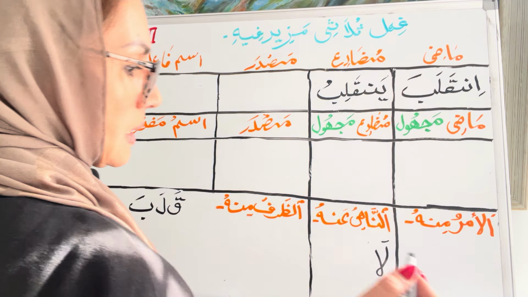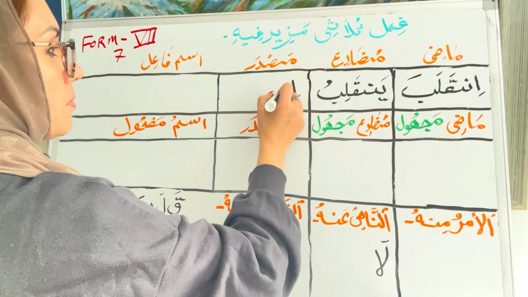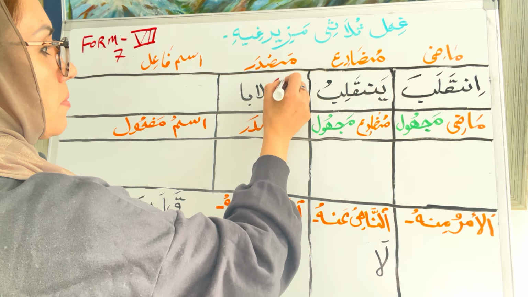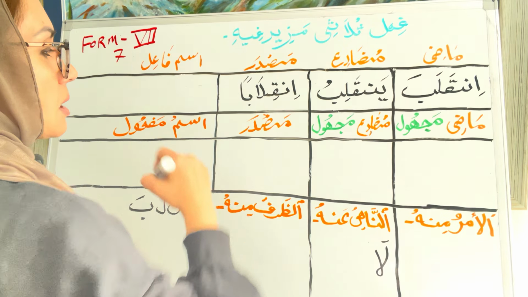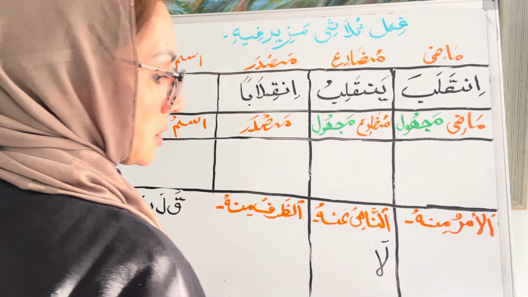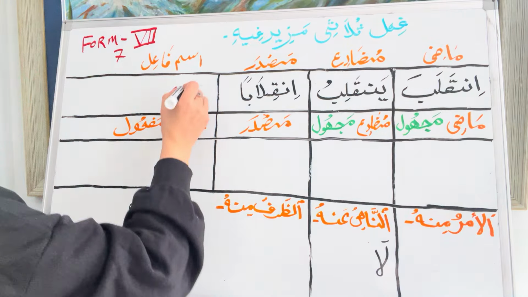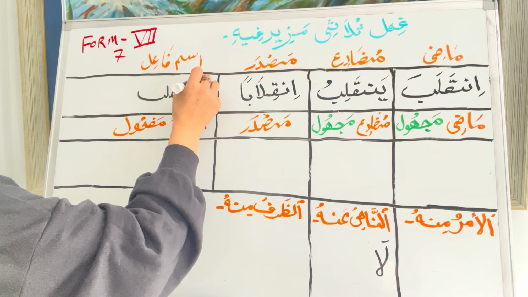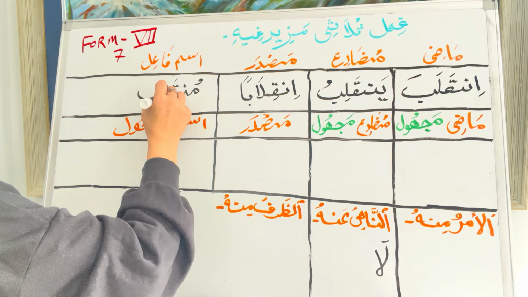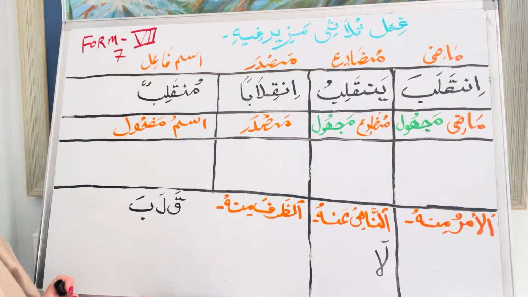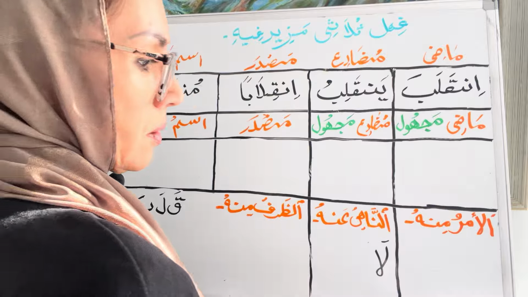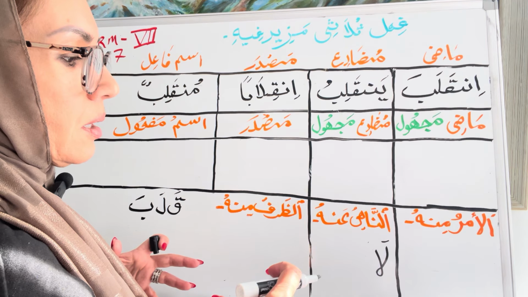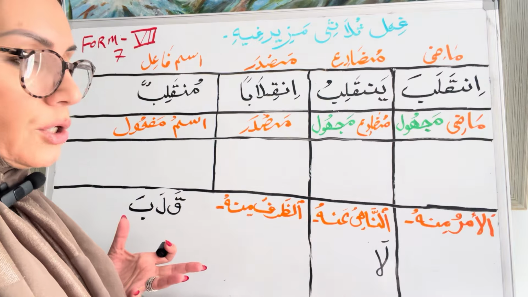Masdar is inqilaban. And then it's munqalibun. Okay. So inqalaba means to overturn.